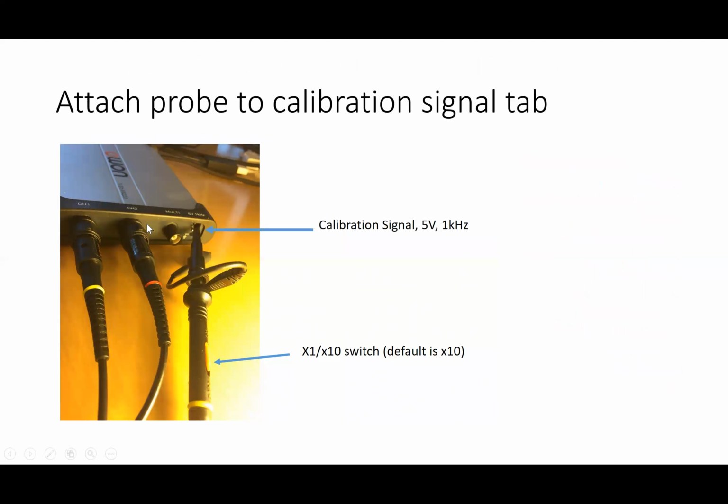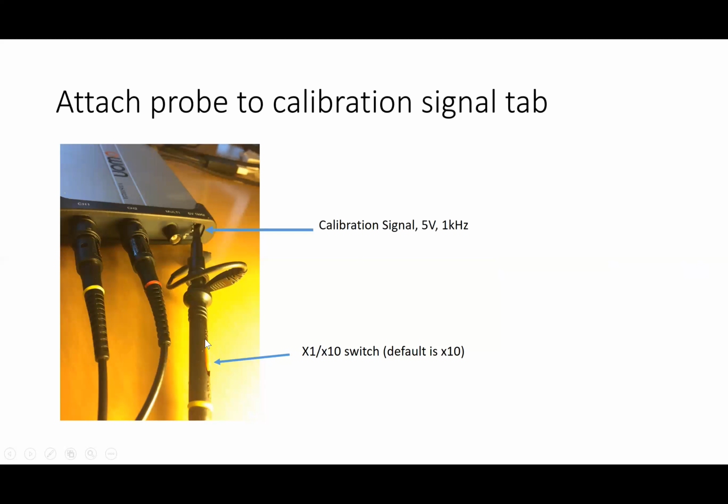Here is a look at the probe here connected to channel 1, and then back to the calibration signal here by clipping it onto the little tab that sticks out here. Notice, by the way, there is a switch on these probes. This changes the sensitivity of the probes from ×1 to ×10. You'd use the ×10 if you had a very sensitive circuit where you didn't want to draw any current from it.